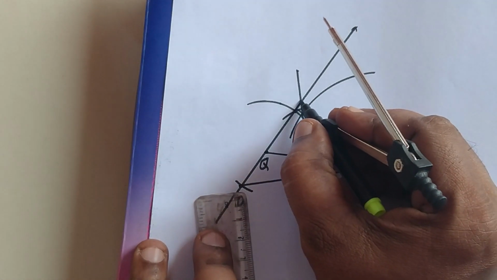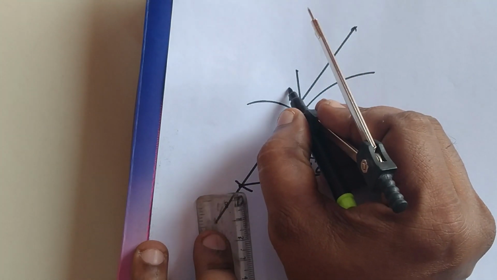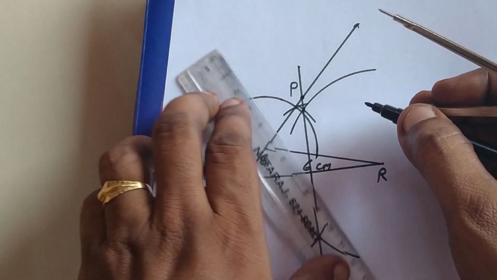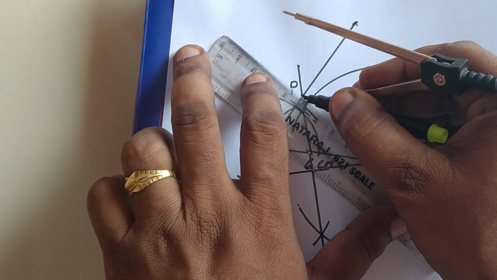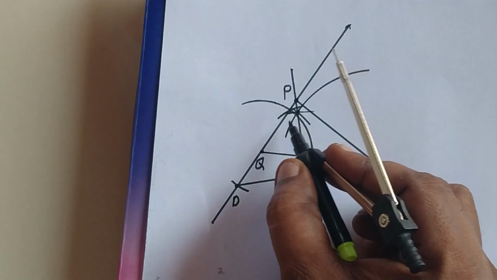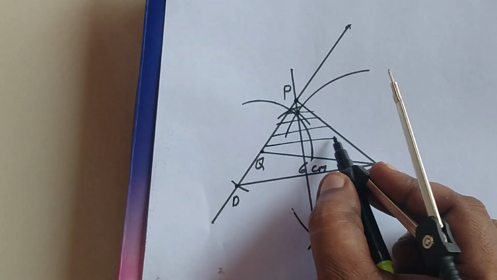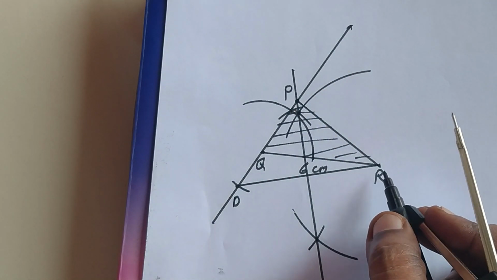So it is intersecting here. Okay, so this will be your point P. Okay, now join P with R. So this triangle will be your required triangle PQR.